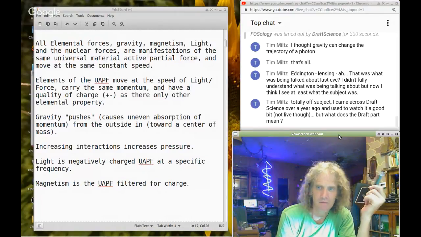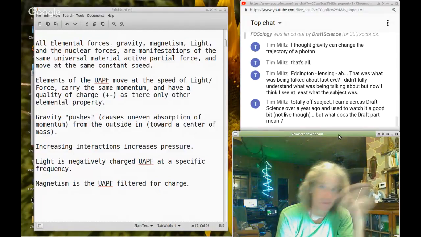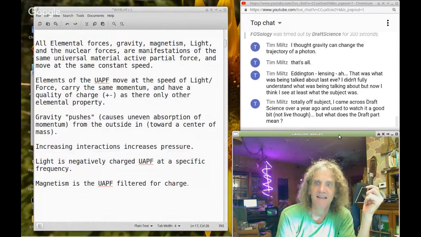I was proposing that Mach gravity or Lesage gravity perfectly explains gravity, and it's perfectly sensible.